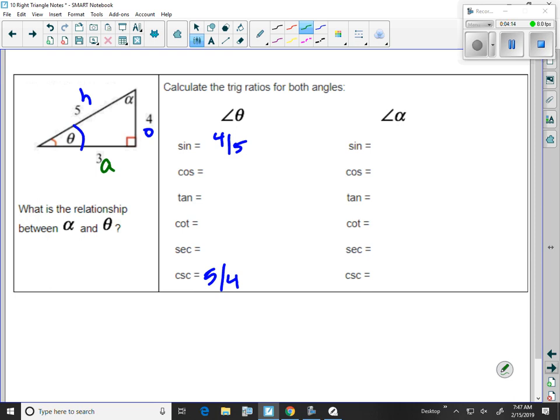Adjacent to theta is 3. So for cosine, we would have adjacent over hypotenuse or 3 over 5. Okay, secant is the opposite of cosine. So we would take our 3 over 5, flip it, we get 5 over 3.